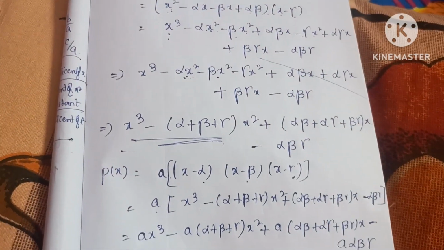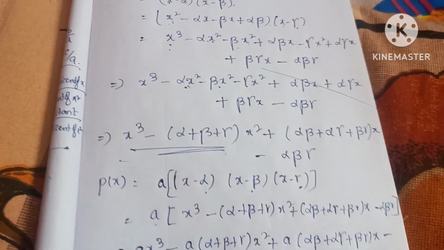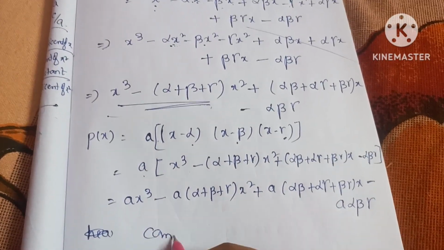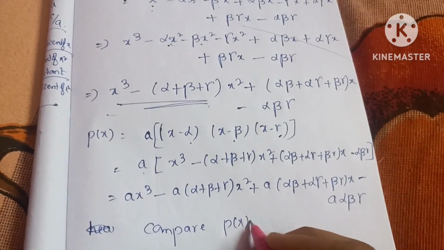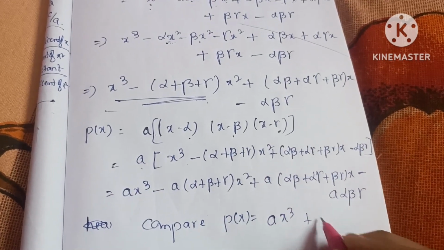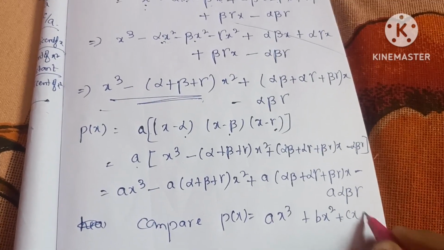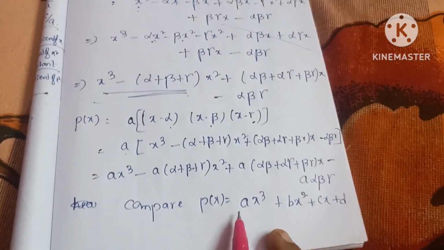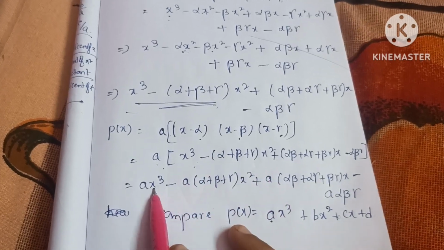Here compare with p of x equals, what is the cubic polynomial? ax cube plus bx square plus cx plus d. See here a is the x cube term.